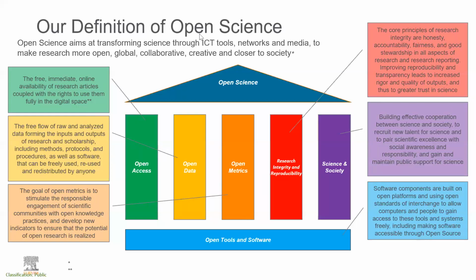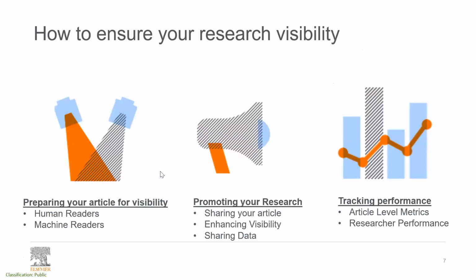So how does this link to the topics that we have been discussing last time and our topic today? Let's have a quick recap. Last time we talked about preparing your article for visibility.